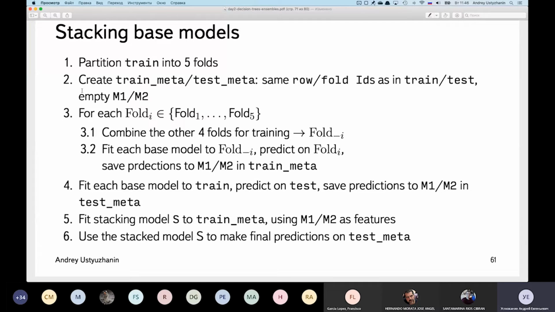You partition your training sample into 5 folds, and for each fold we do a procedure similar to cross-validation: we fit each base model on the folds besides i and predict on fold i. And we save predictions of those models to build the features, or build a metadata set.